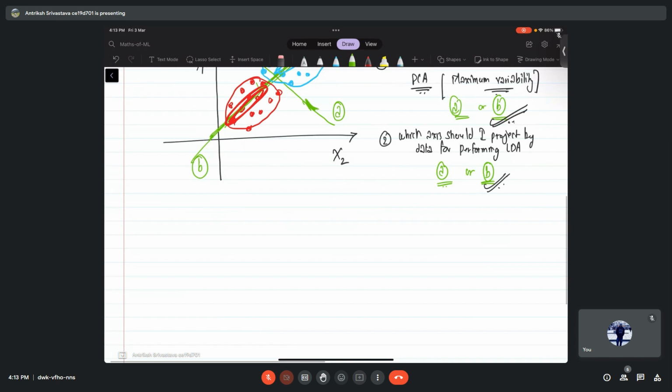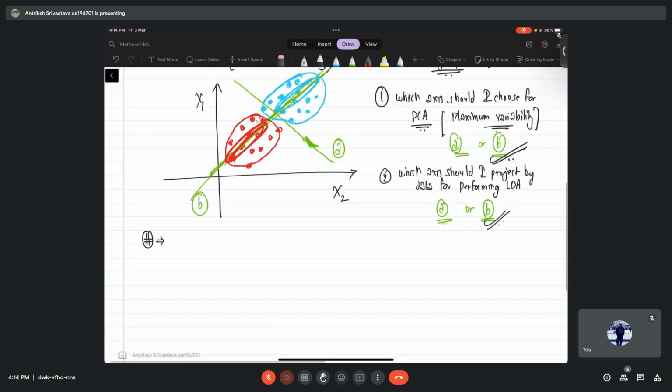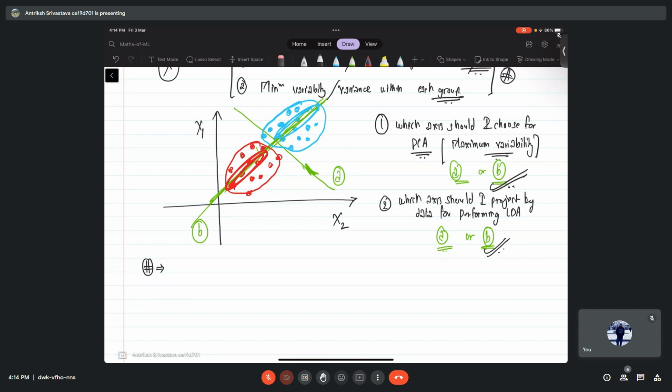Okay, so this is the very basic idea behind LDA. Now, the procedure that sir has shown in class to do this kind of transformation was a bit complicated.